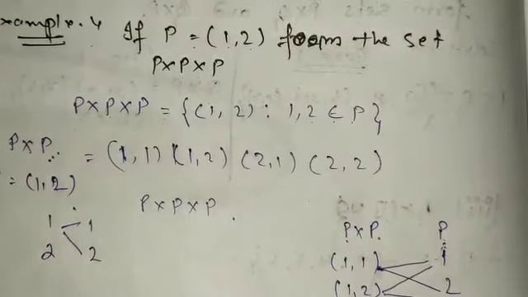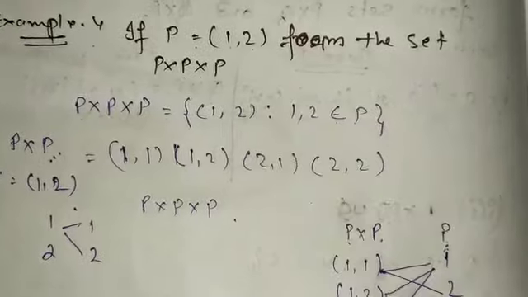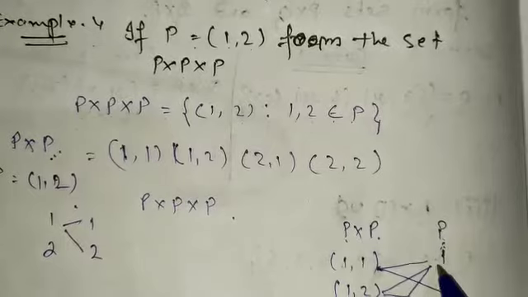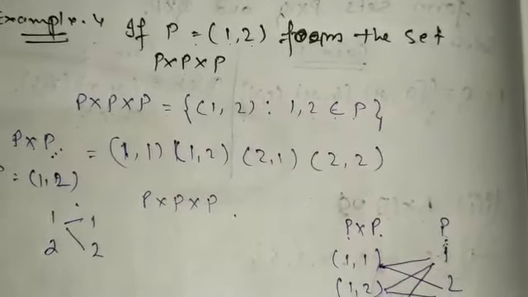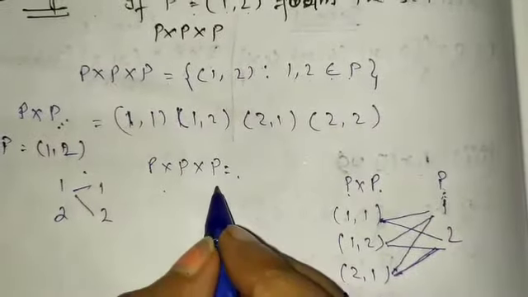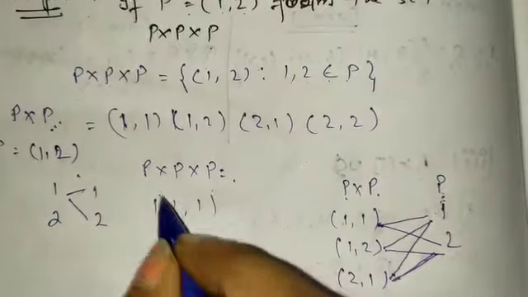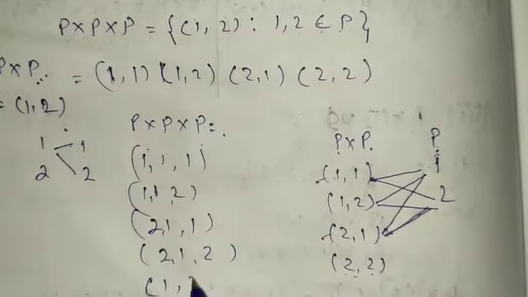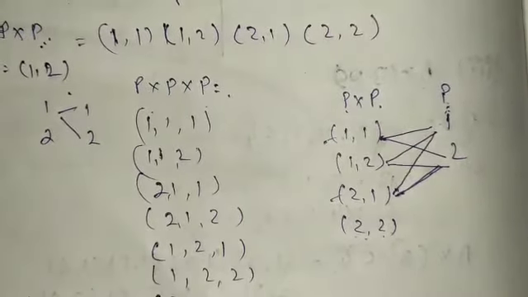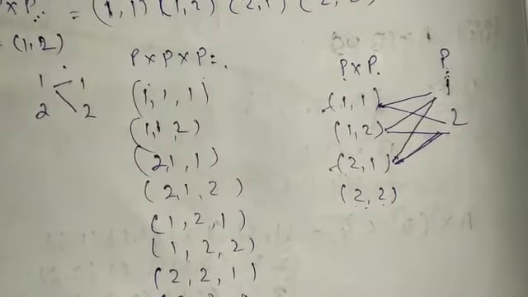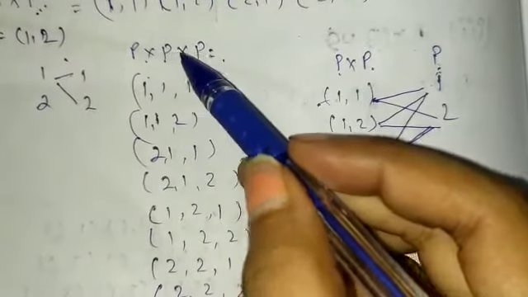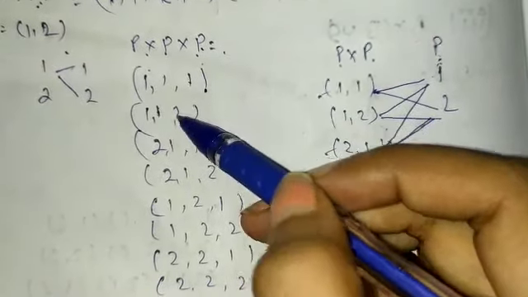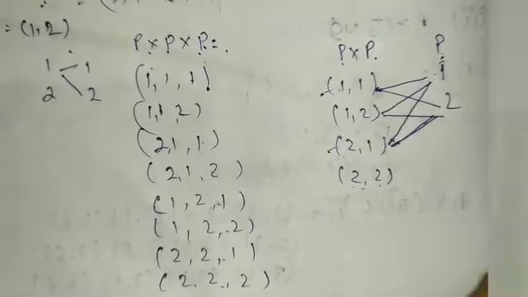Similarly, (2, 1) and (2, 2) multiplied by 1 and by 2. So P into P into P will equal (1, 1, 1), (1, 1, 2), (1, 2, 1), (1, 2, 2), (2, 1, 1), (2, 1, 2), (2, 2, 1), (2, 2, 2). Thus, P into P into P will have a total of 8 elements, that is 1, 2, 3, 4, 5, 6, 7, 8.